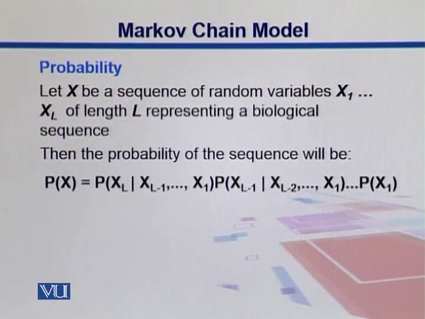So here is how we can formalize this. Let X be a sequence of random variables x1 up till xL. Basically it may be a nucleotide sequence, for instance, that can have a length of, for example, 10 nucleotides. Every position in that sequence can be represented with these numbers like x1, x2, x3: nucleotide position number 1, position number 2, position number 3, position number 4.